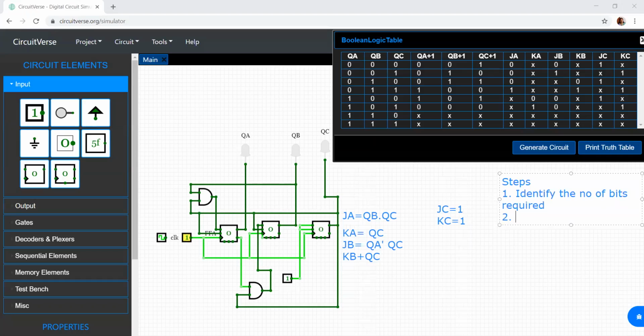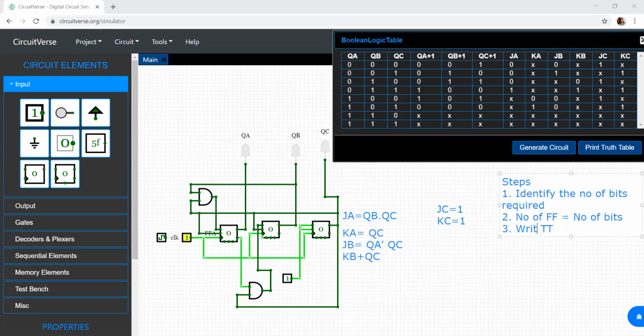Second step, the number of flip-flops is equal to the number of bits. Then third one, write the truth table. Write truth table from the excitation table.